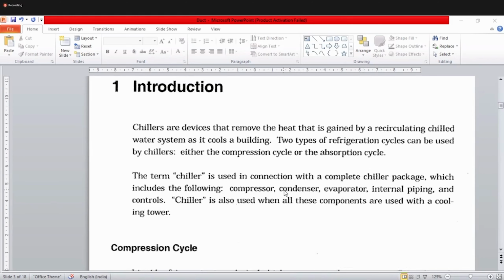Air cooled chillers and water cooled chillers are further divided based on the refrigerant cycles. We mostly use the compression cycle, but nowadays absorption cycles are also in use for big warehouse systems, though the COP is very low compared to the compression cycle.